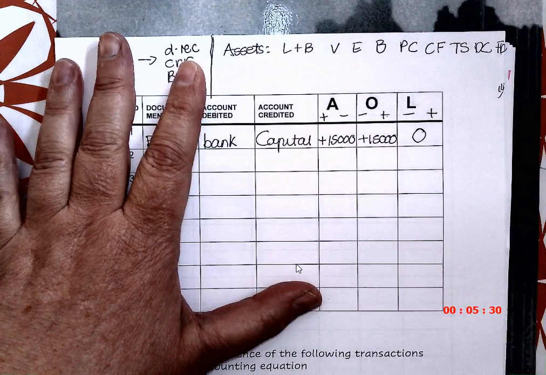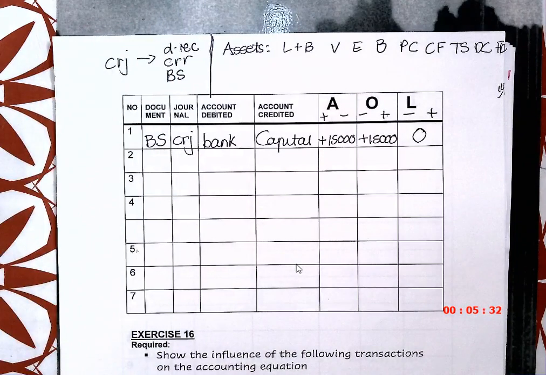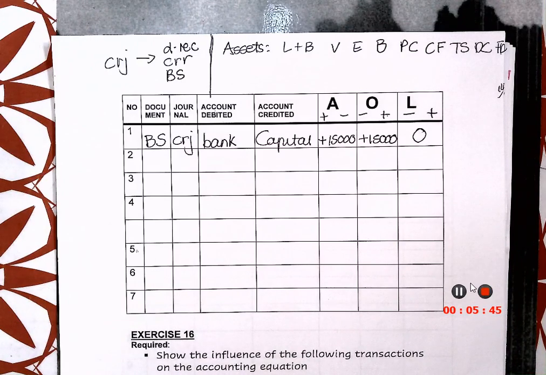Oh, the D doesn't come out. So you remember the song: land and buildings, vehicles, equipment, bank, petty cash, cash float, trading stock, debtors control, fixed deposit. You want to sing it with me?